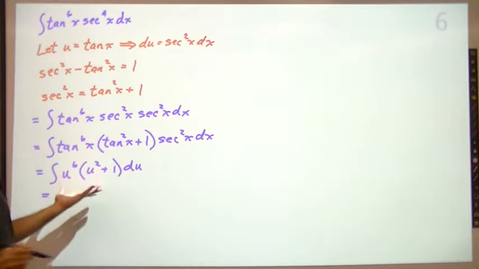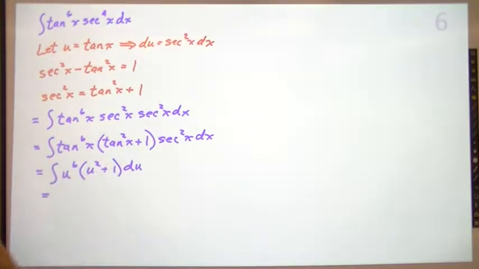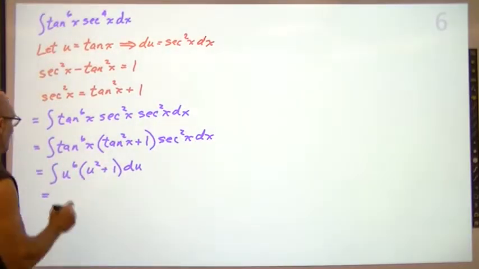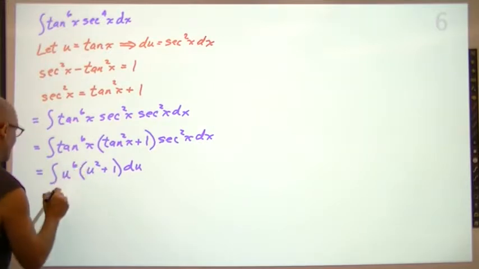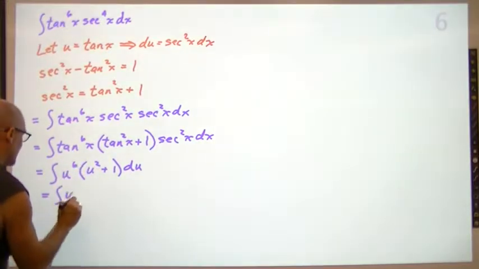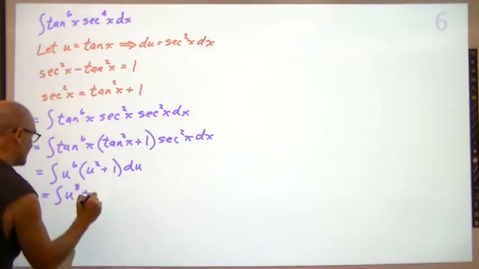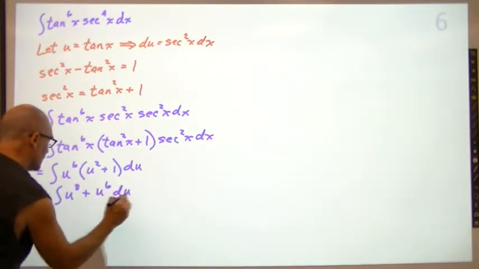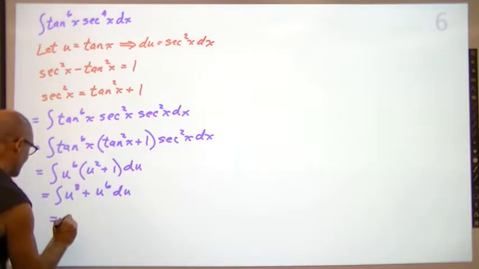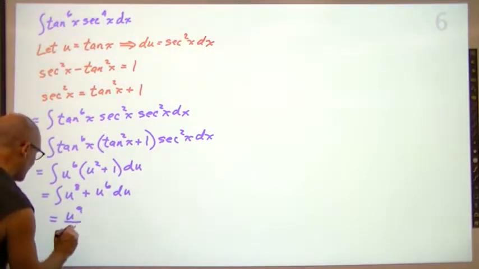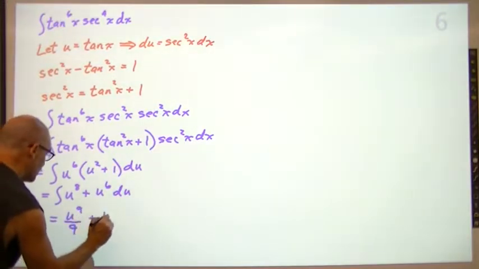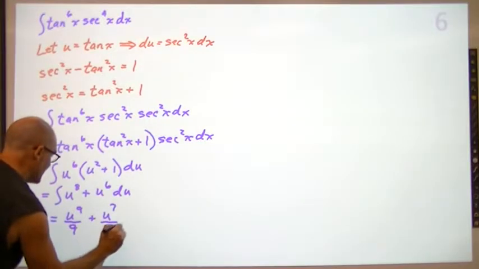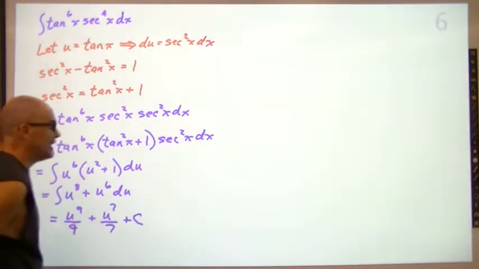So I've gotten rid of all the secants and tangents. All I have is nice friendly u's. So u to the 6th times u to the 2 is u to the 8th, plus u to the 6 times 1, which equals u to the 9th over 9 plus u to the 7th over 7 plus c.